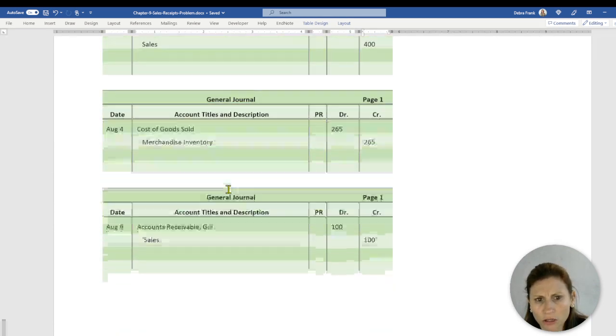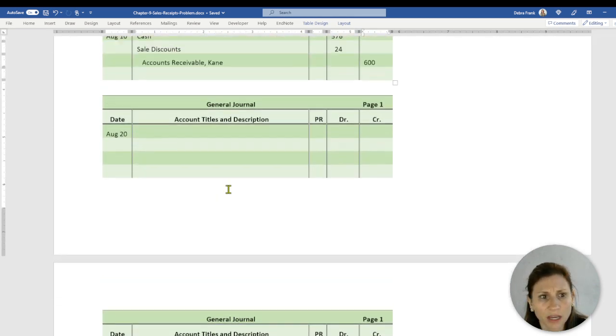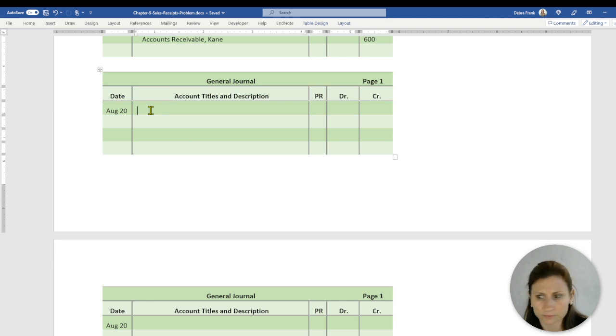We know it's a two-parter again, so we'll have accounts receivable now for Figs. That was 4,000. And that was our sales revenue.